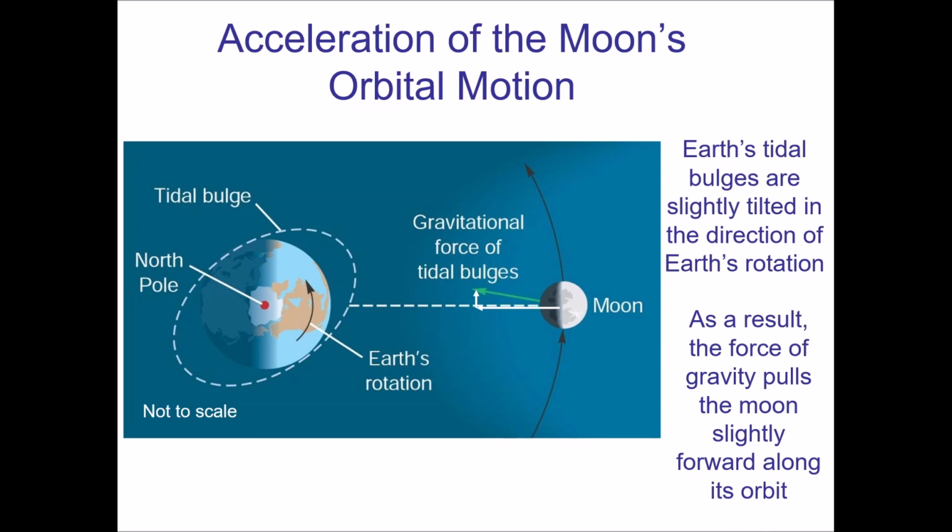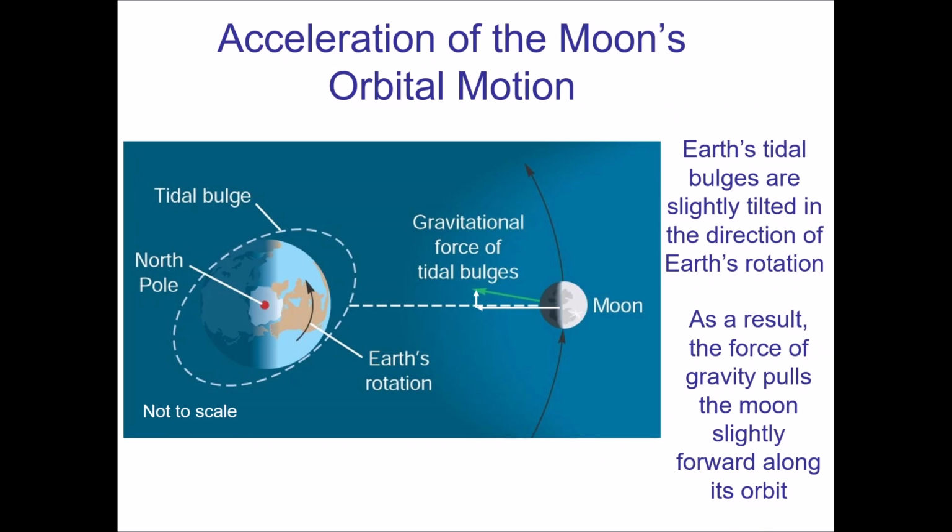One is directly pointed at the center of the Earth, and that's the one responsible for keeping the moon in orbit. But there's another small force that points in the direction of the moon's orbit. And it's a force, right? We learned in Newton's second law that forces cause accelerations. So the effect here is causing the moon to accelerate in its orbit.